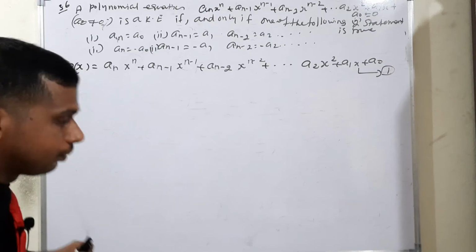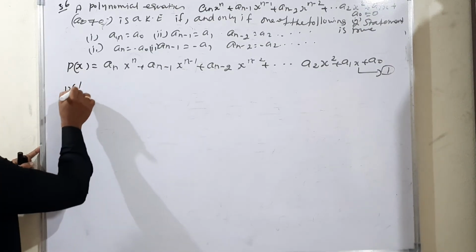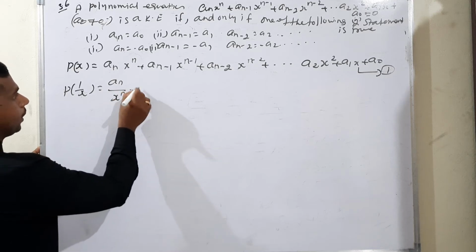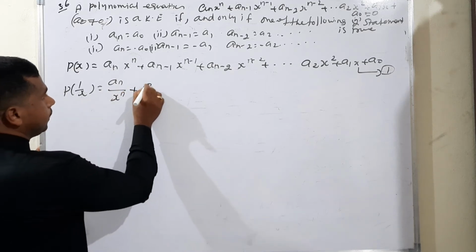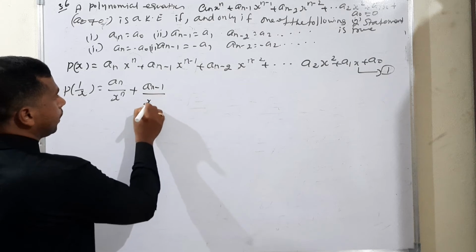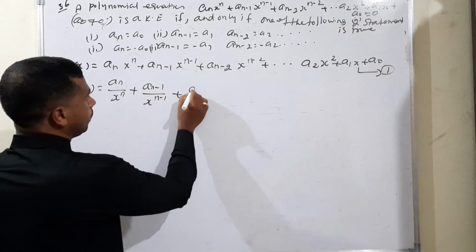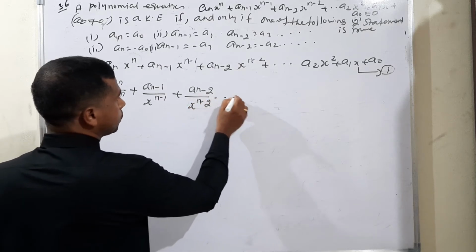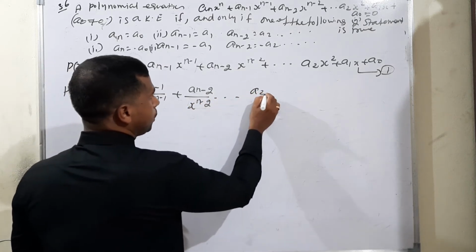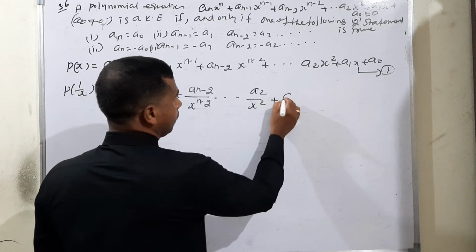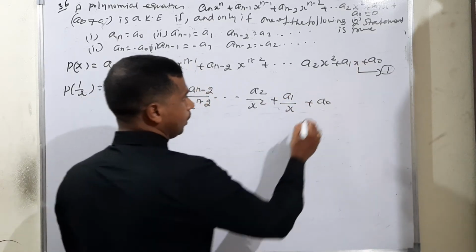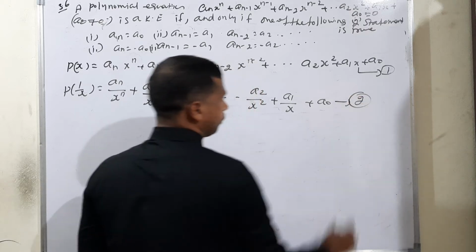So P of 1 by x is equal to an by x to the power n, then plus an minus 1 divided by x to the power n minus 1, then an minus 2 by x to the power n minus 2, dot dot dot, a2 by x square, then a1 by x, and a0 only, because it is a constant. This is equation number 2.